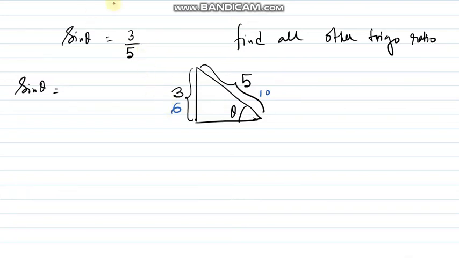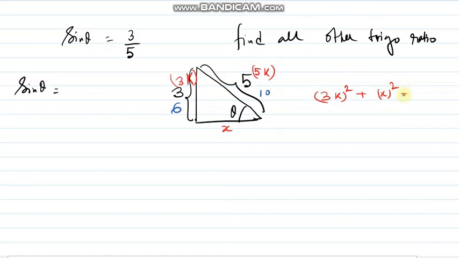So whenever you take the sides you should take them as 3k and 5k, imagining that there can be some constant multiplied there. So if these two sides are 3k and 5k, and this is x, using Pythagoras theorem we can write 3k square plus x square equals 5k square, right?